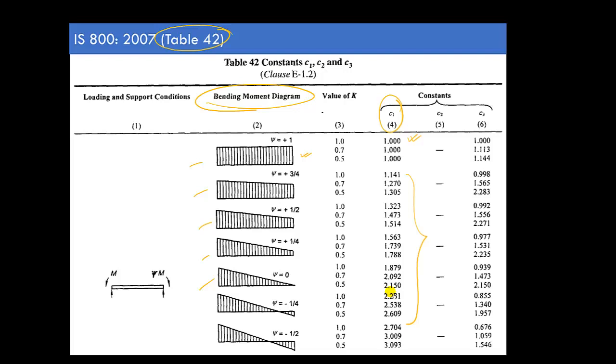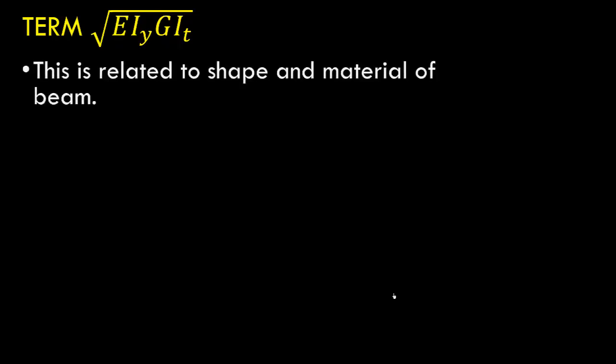Now let us discuss the other term, that is the square root of E I_y and G I_T. This term is related to the shape and material of the beam. E and G are related to the material of the beam, and I_y and I_T are related to the shape of the beam.